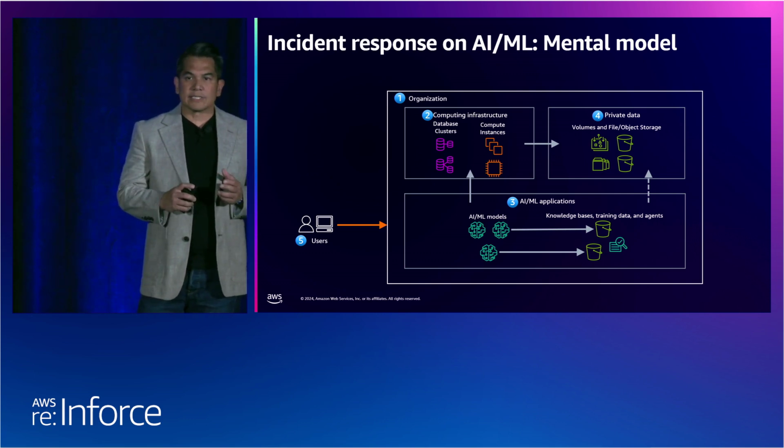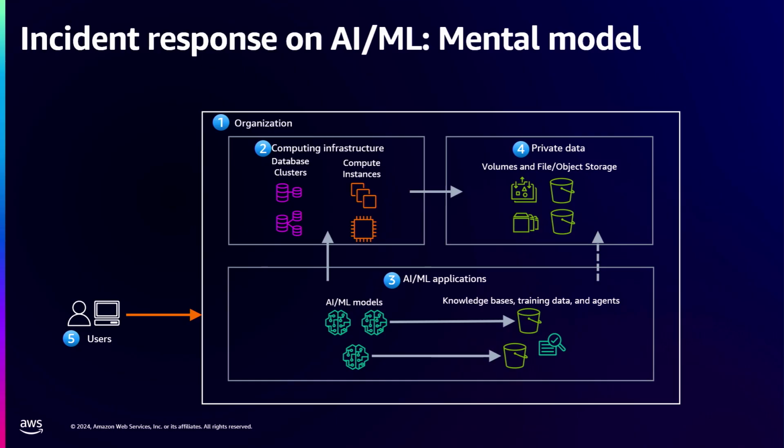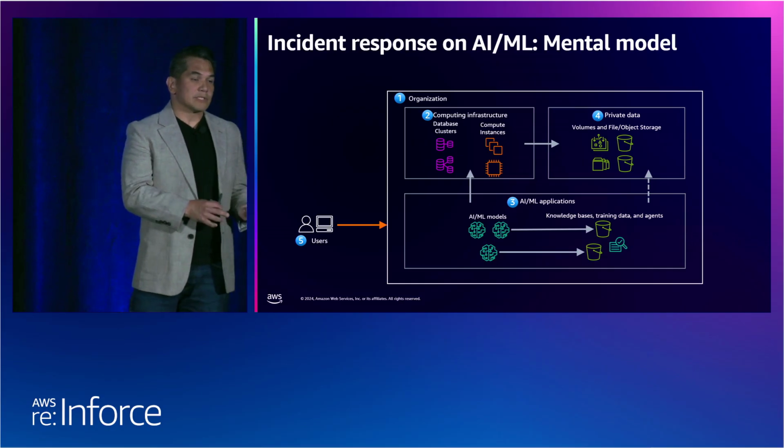There is the security event where the AI/ML application or workload is the source of the security event. An example of that would be someone using a chatbot and attempting prompt injection, trying to coerce the AI/ML model to provide data about itself or data or resources behind the actual AI/ML application. So that's where the AI/ML workload is the source of the security event.